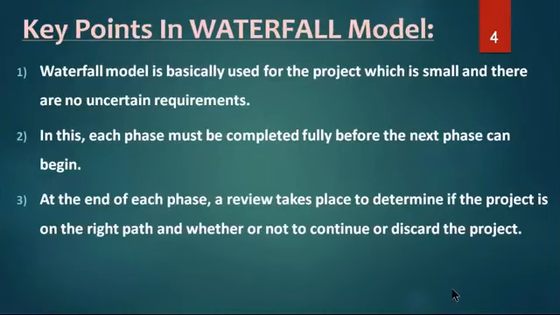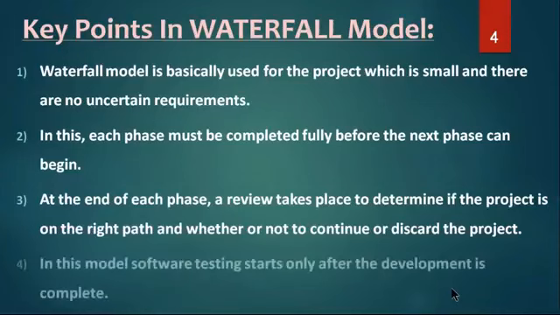Each phase must be completed fully before the next phase can begin. At the end of each phase, a review takes place to determine if the project is on the right path and whether or not to continue or discard the project. In this model, software testing starts only after the development is completed. We start testing a project only after completion of developing the project.